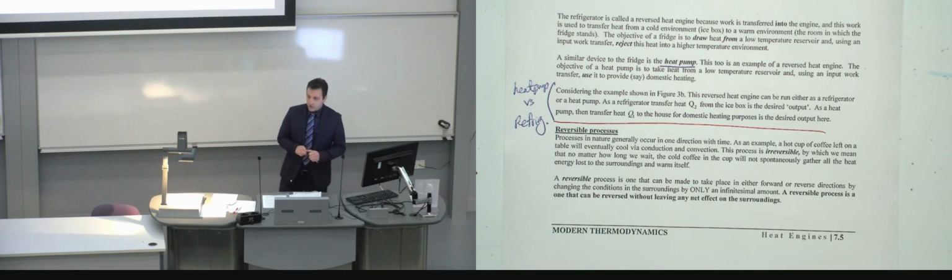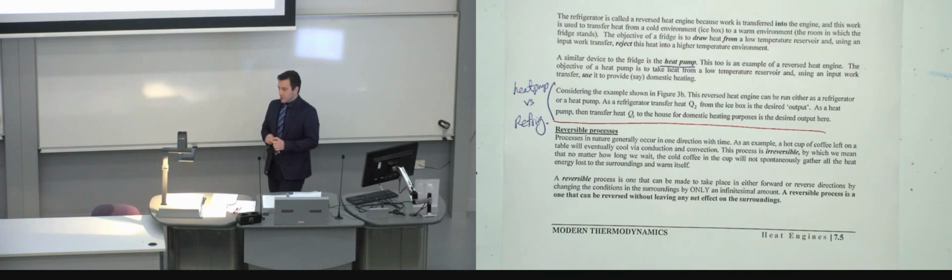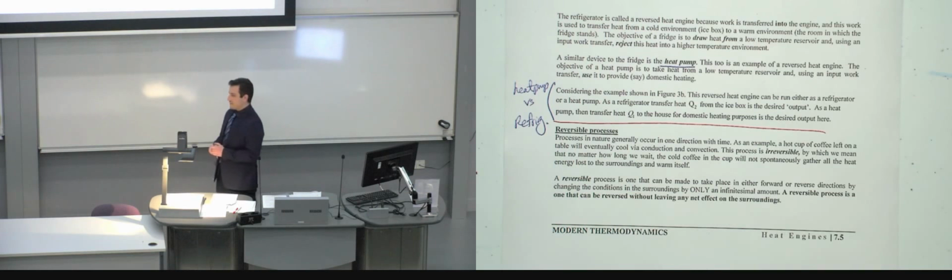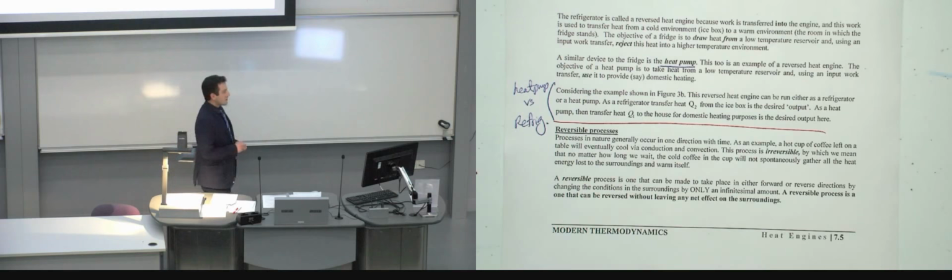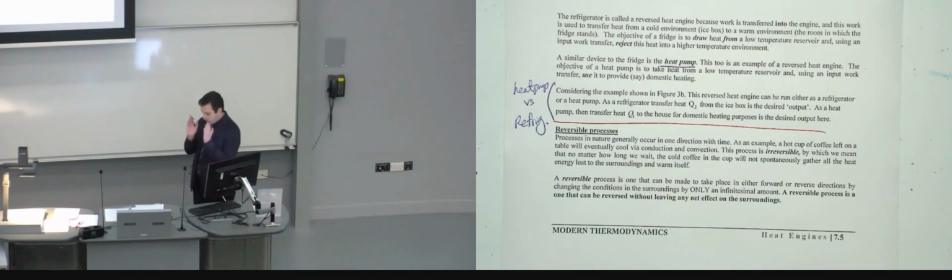So in order to ensure that you have a reversible process, you need to make sure that your process is done at a very slow pace. We've been repeating that a lot, and it means that you need to have an infinitesimal amount of time spent on each step. So you have to have time steps which are very small.